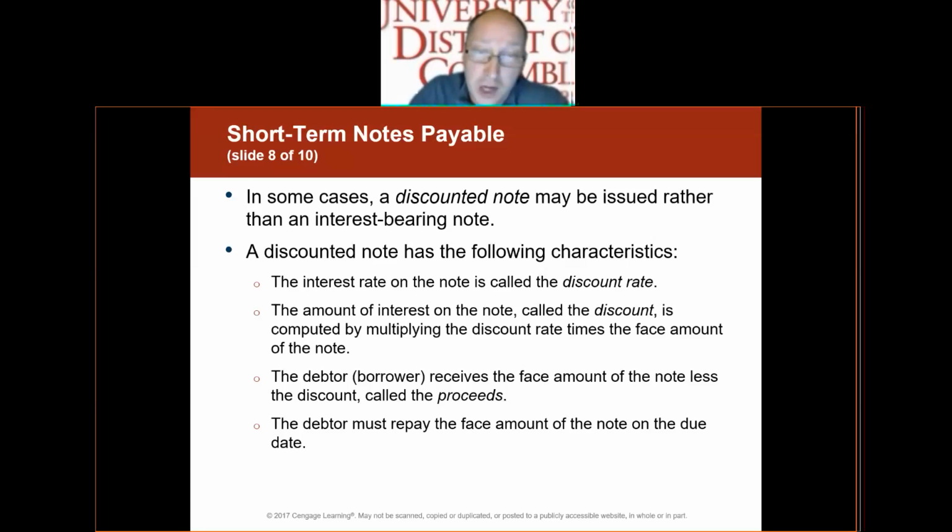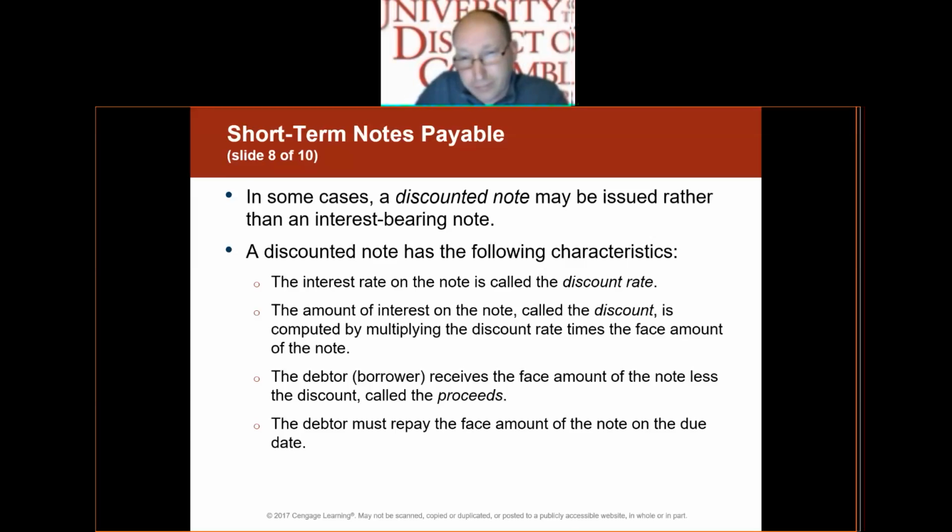Number two, the amount of interest on the note is called the discount. It's computed by multiplying the discount rate times the face value of the note. Number three, the debtor or the borrower receives the face amount of the note less the discount. We call that the proceeds. And number four, the debtor must repay the face amount of the note on the due date.